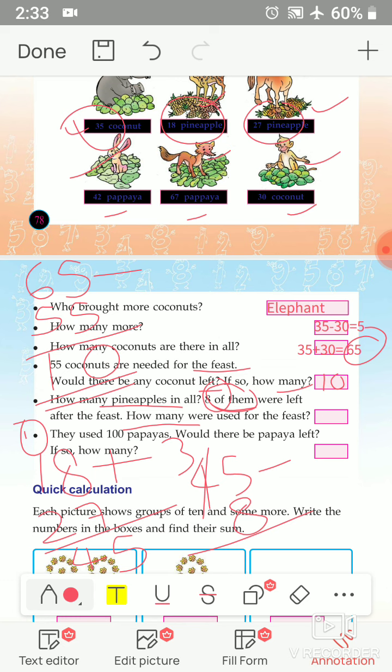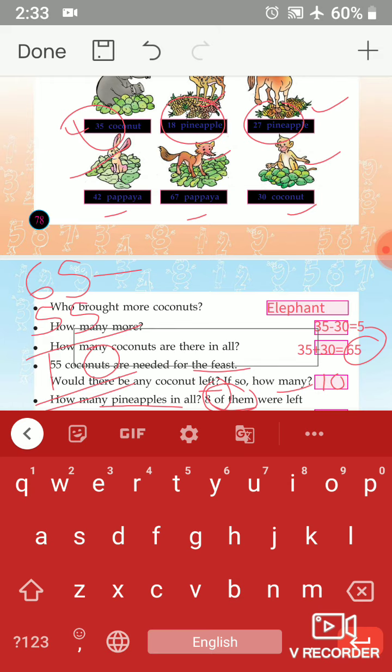Then 4 becomes 3 and 5 becomes 15. Then 15 minus 8 is 7. Then write 3 down. That is 37 pineapples were used in that function.